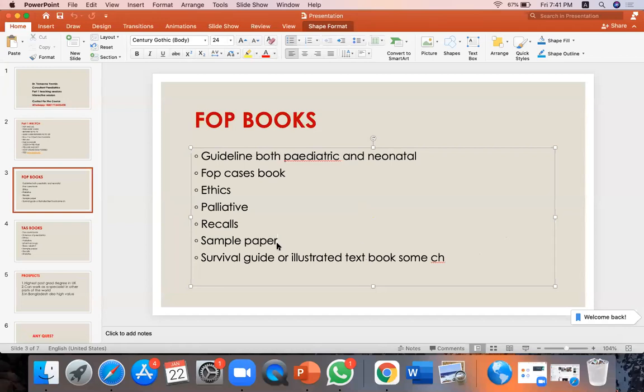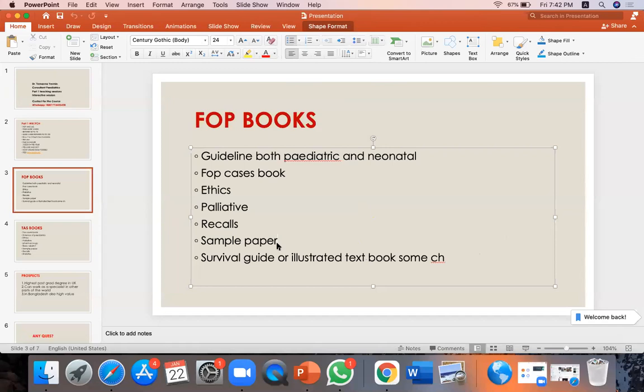So I recommend you read at least some chapters which you find difficult. Suppose you are very weak in neurology, I will advise you to read neurology from illustrated or from survival. If you are weak in metabolic, please read from survival; metabolic is very good. Survival genetic chapter is very good.